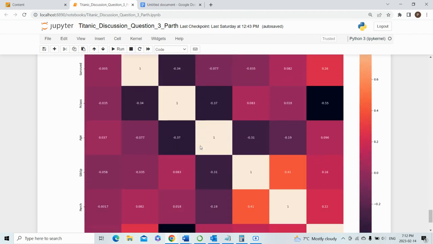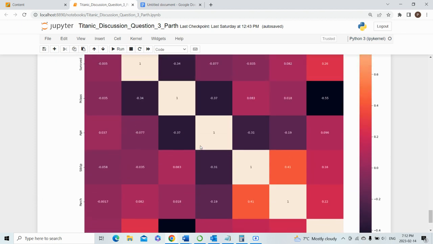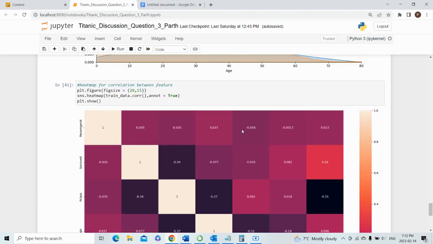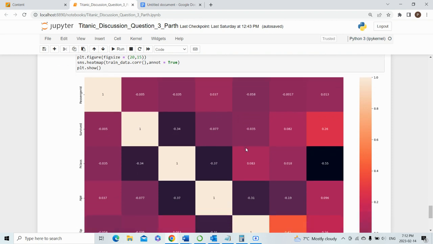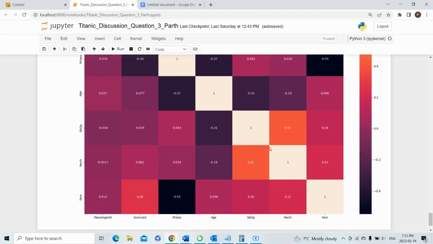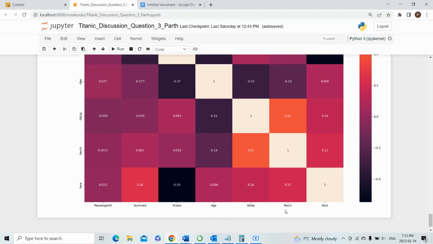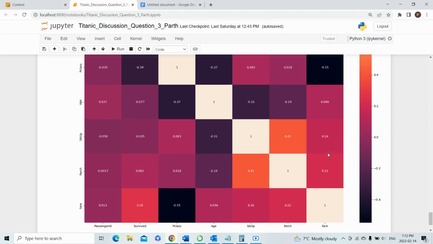Another one, we have the heat map comparing the whole correlation between life and death, also showing passenger ID, survived, basically all the columns mentioned in my dataset.